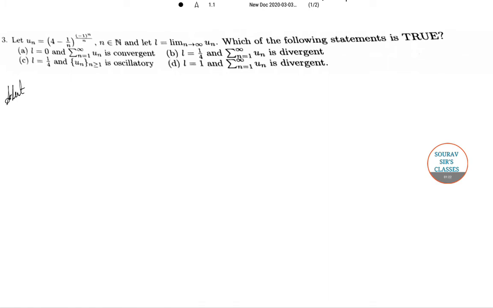Solution. Given that un equals (4 minus 1 by n) whole to the power (minus 1) to the power n by n, where n belongs to the natural numbers, and L equals limit n tends to infinity of un.